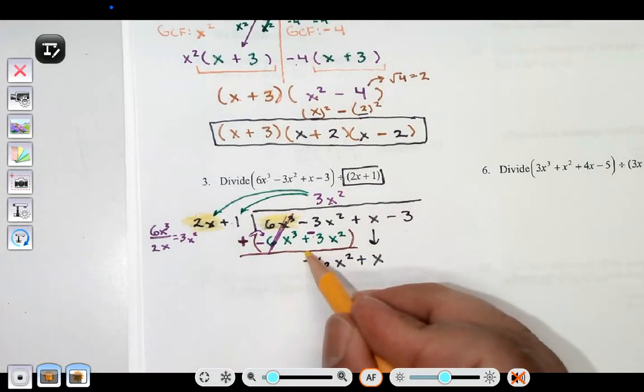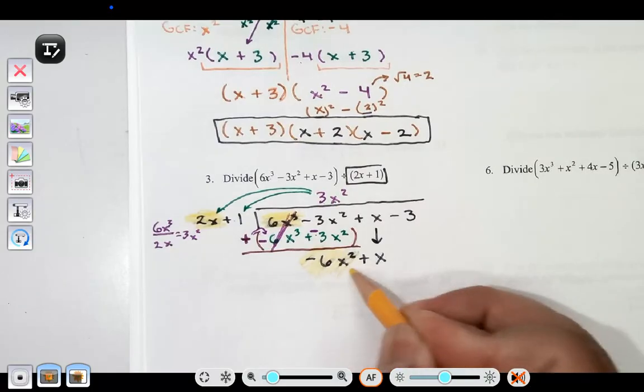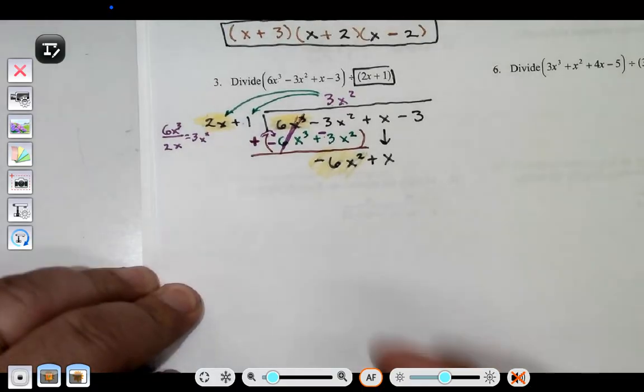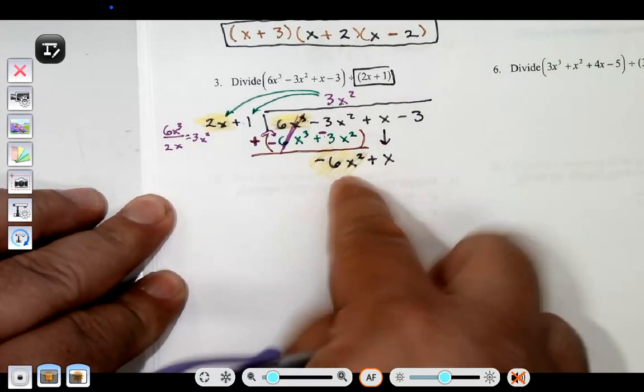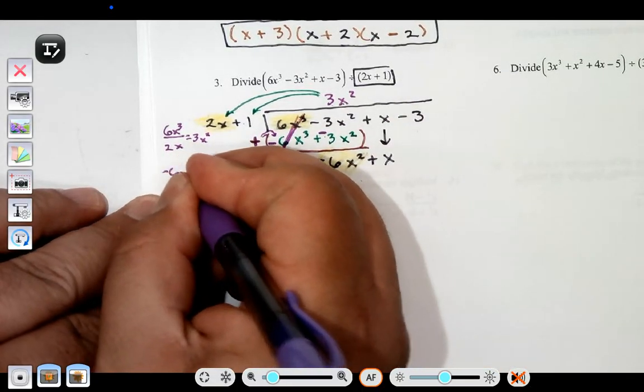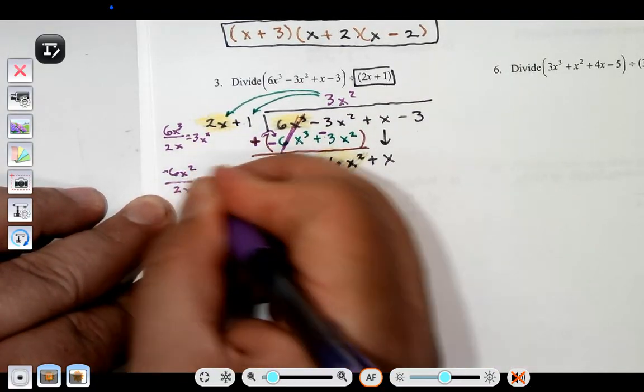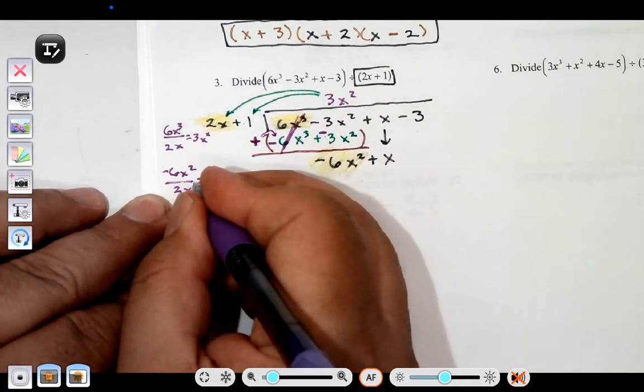Except now, this is what I'm going to work with, and this one. So I'm going to go off to the side here again. We're going to go right off to the side, and I'm going to take the negative 6x squared, and again, I'm going to divide it by 2x. All right, well, think about what we mentioned in the past.